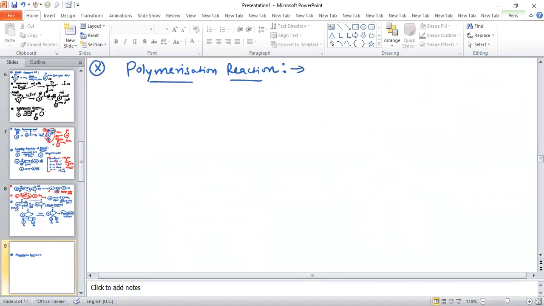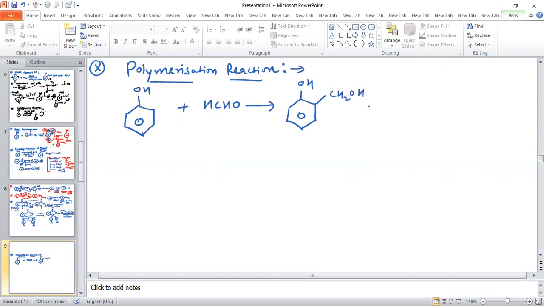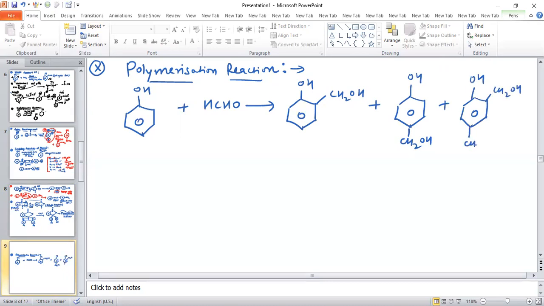You can easily identify, when we use phenol along with formaldehyde, it will form this compound like OH, CH2OH, and also it can form this compound OH, CH2OH, and also it can form the compound OH, CH2OH, and at this position also CH2OH.